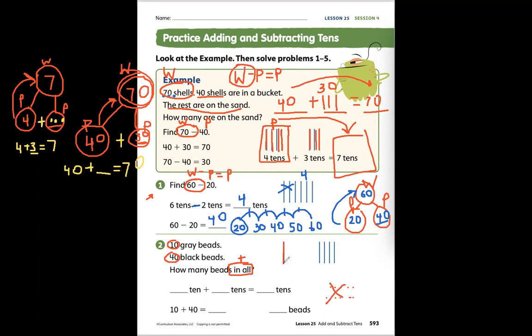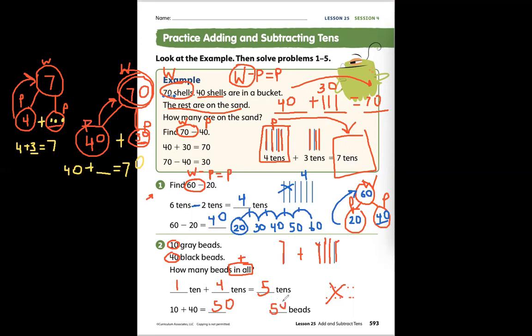So I have 10 here and I have 40 here. 1 ten and 4 tens. 5 tens, right? So 10 plus 40, let's count by tens, 10, 20, 30, 40, 50. 10 plus 40 equals 50.